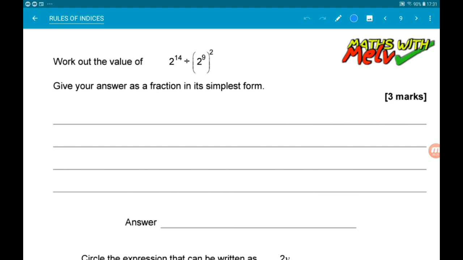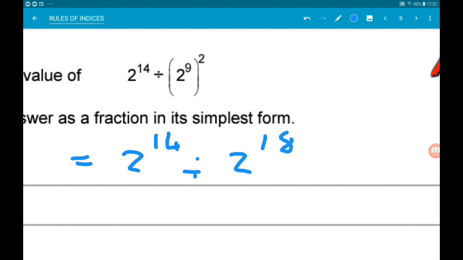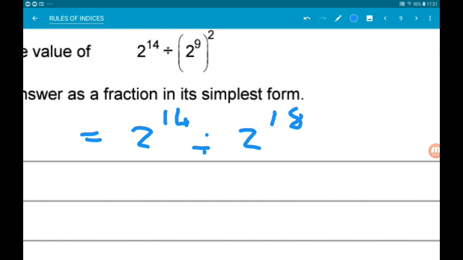So, this then is 2 to the power of 14 divided by 2 to the power 18. Now, we can write that as a fraction. That's 2 to the power 14 over 2 to the power 18.